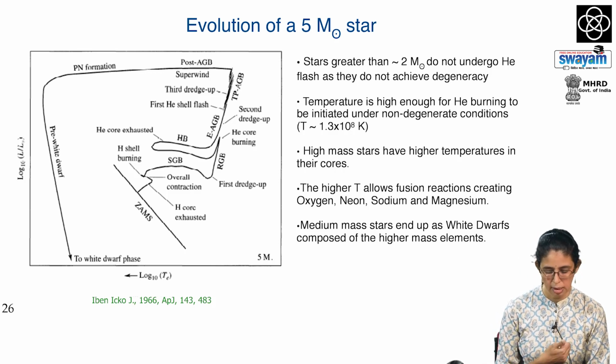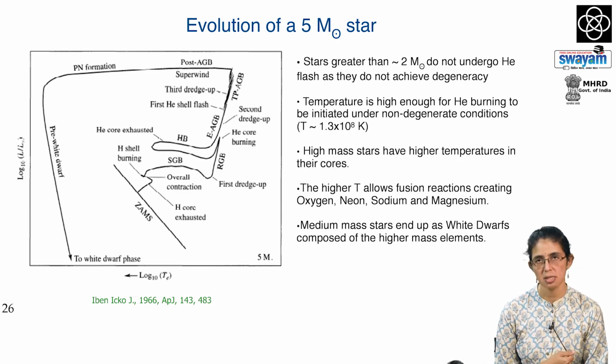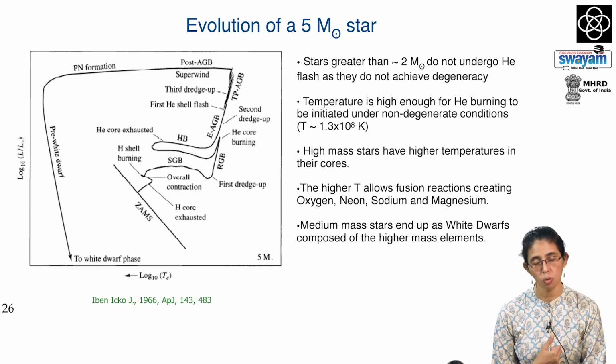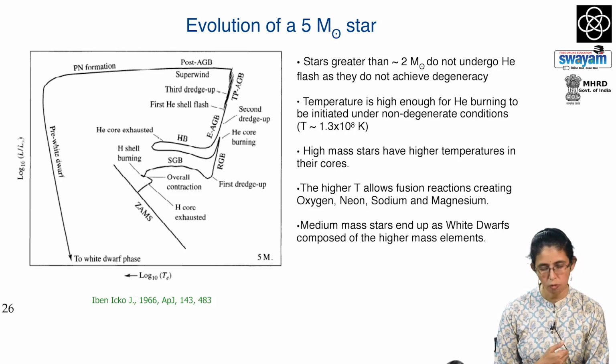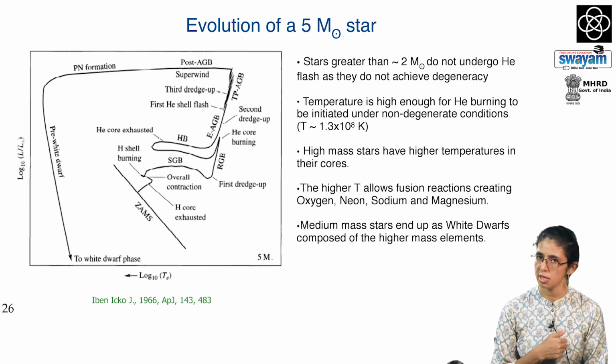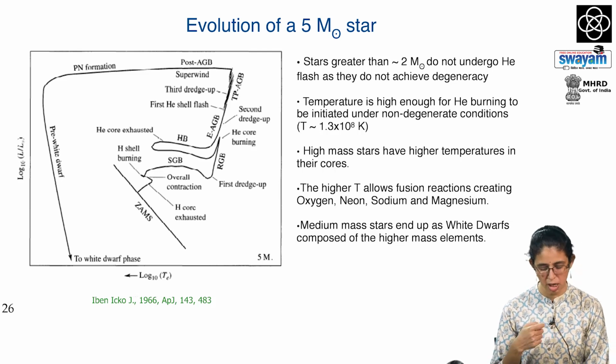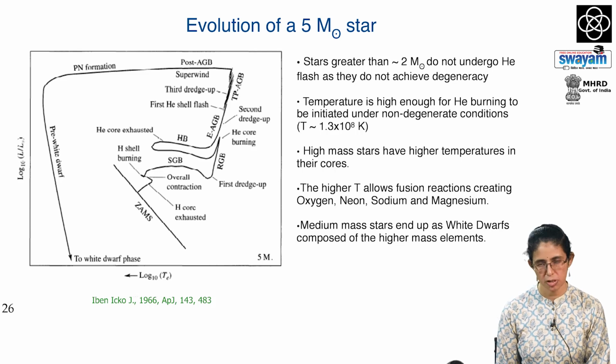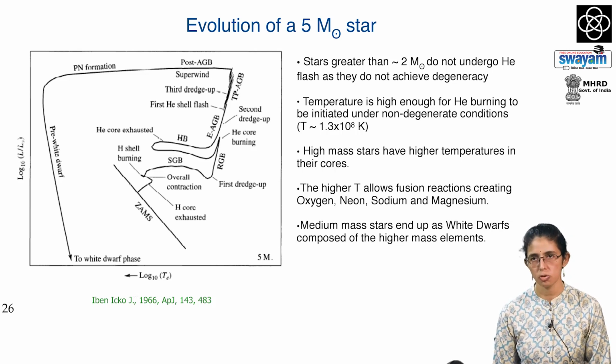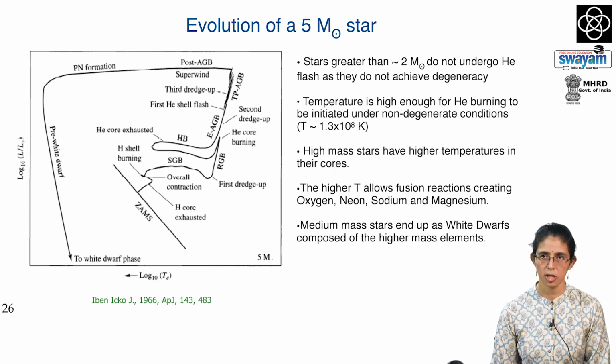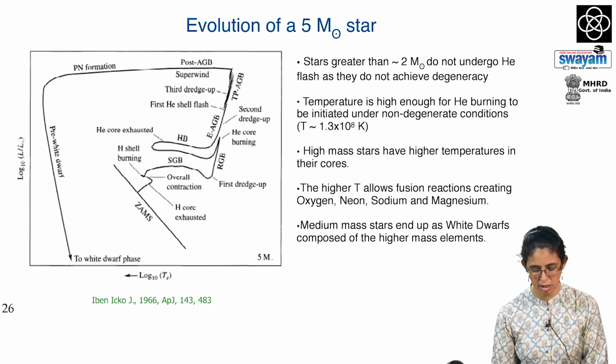From the ZAMS, as the hydrogen in the core is exhausted, there is an overall contraction. I am reiterating again, the hydrogen starts burning in a shell, which is the subgiant phase, and as more and more energy is produced, the star rises up and convection takes over, and then it becomes the red giant branch.